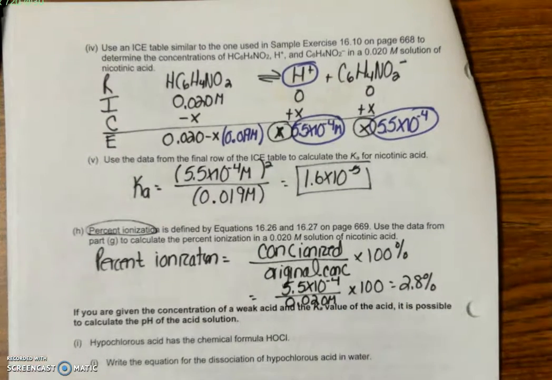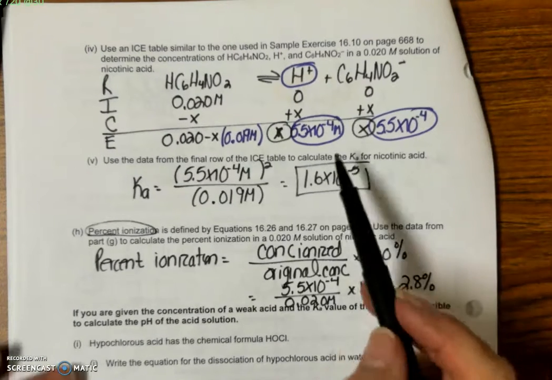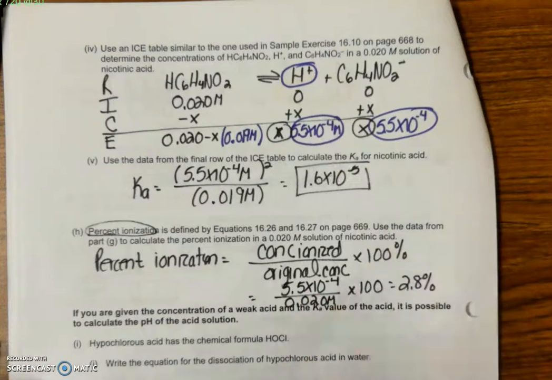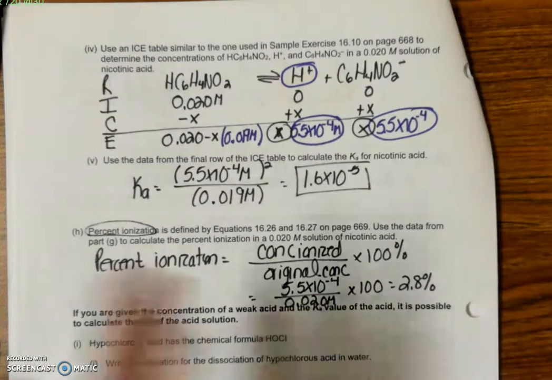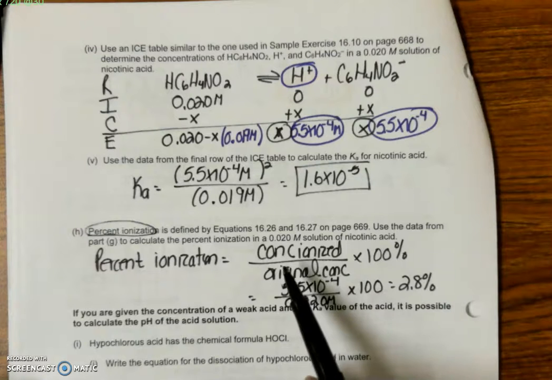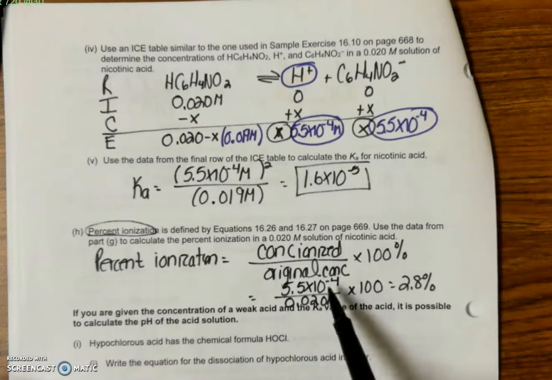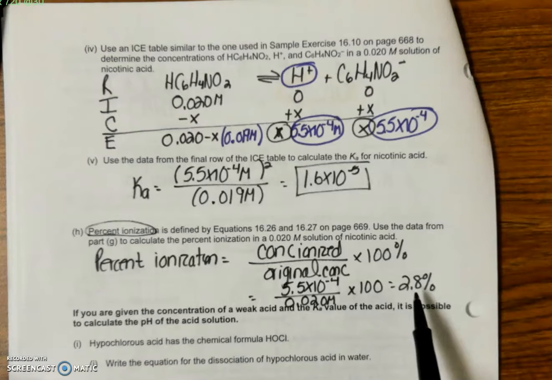X is the change, and that tells me how much of this solution became ionized. It's sort of like molar solubility, but for acids. So I take the concentration ionized, divide it by the total, part over the whole, times 100. This tells me that this acid is 2.8% ionized, and we'll see in a couple minutes why that's going to be very important.